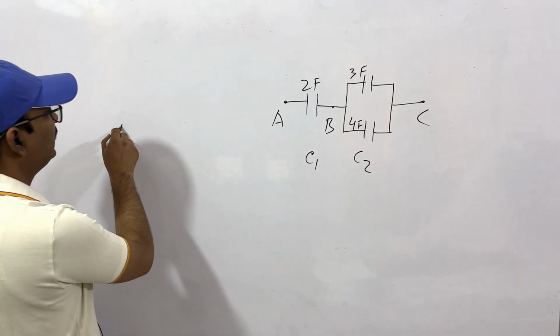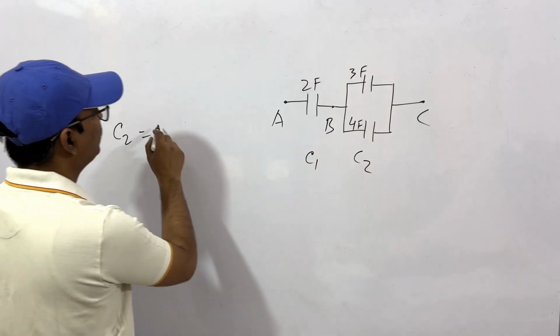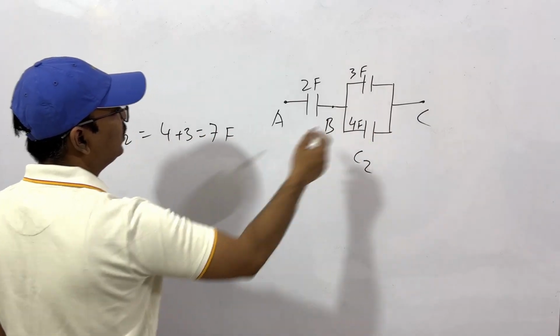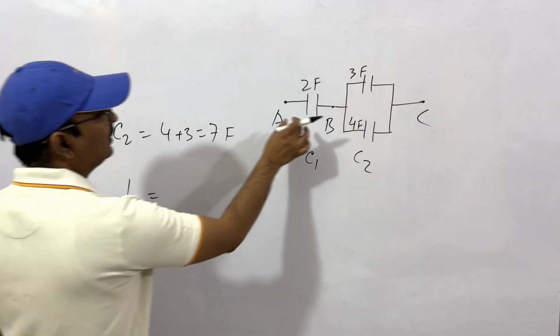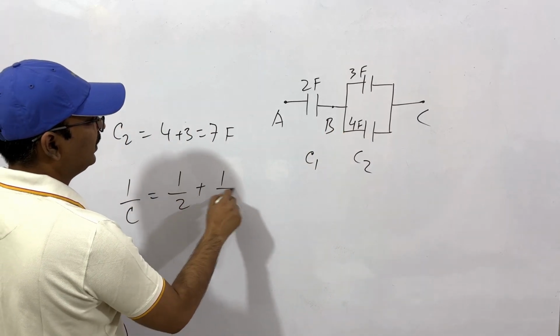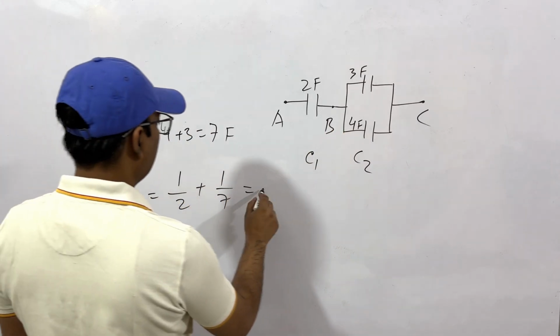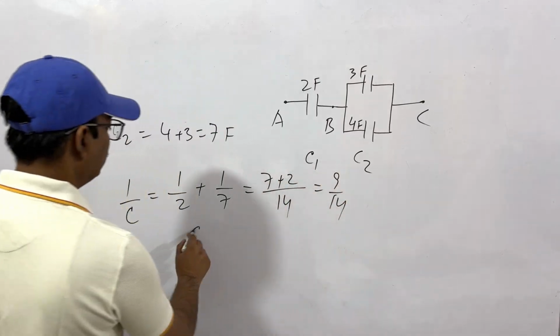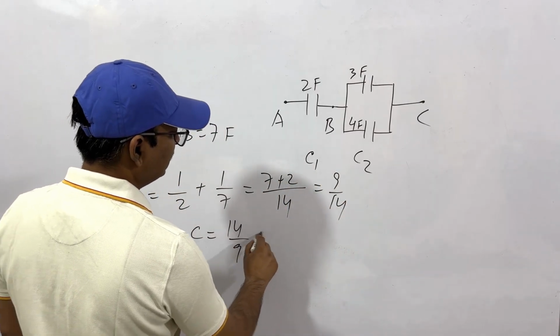What is C2? C2 will be simply, these are in parallel, so 4 plus 3, 7 farads. And this is in series with this, so 1 by 2 plus 1 by 7. So your capacitance is 14 by 9.